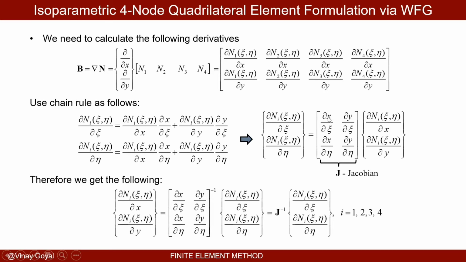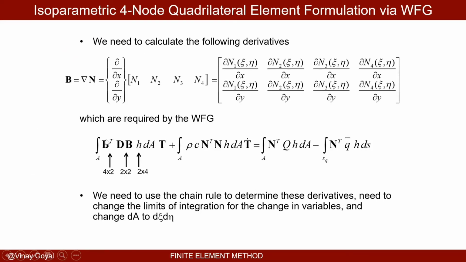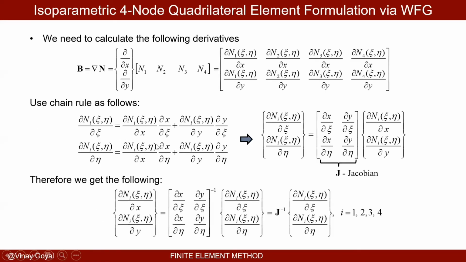I actually do know what the derivative of x with respect to ξ is, and I know all these numbers. These are actually all numbers. This is doable. All I have to do is invert this to calculate these derivatives, which are required by the weak form. Okay, does that make sense? That's the approach we want to use.